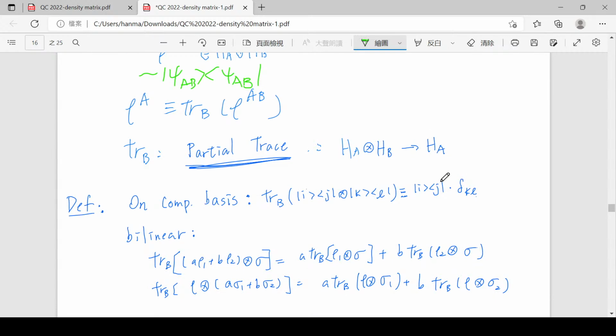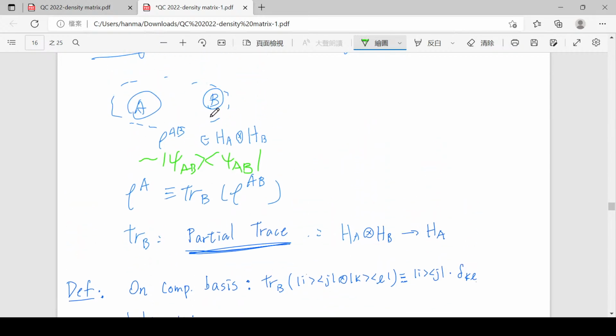Here I made a little mistake. Those H_A and H_B are spaces for vectors. Okay, let's be very picky and a little careful here.